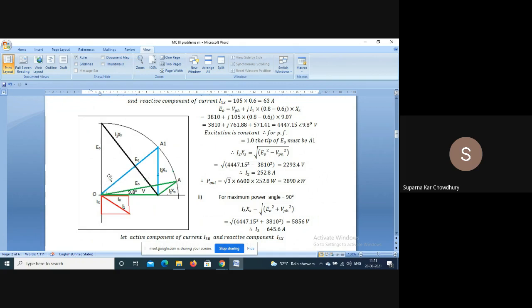This will be the position of I3, not shown here. So I3 XS squared will be E0 squared plus V phase squared. So this gives us I3 XS squared equal to 5856. So knowing XS, we can calculate I3. It is 645.6 ampere.